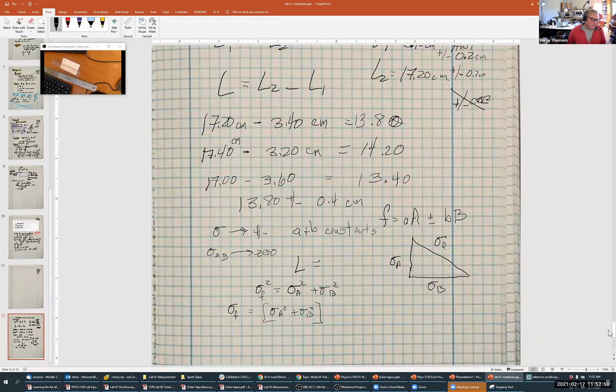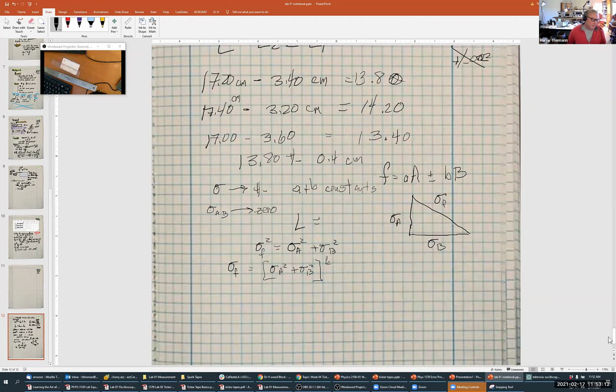So now what we do is we plug in our actual numbers. So it's sigma L equals sigma L1 squared plus sigma L2 squared, and we do the 1/2 power again. So that was 0.2 squared plus 0.2 squared, square root.